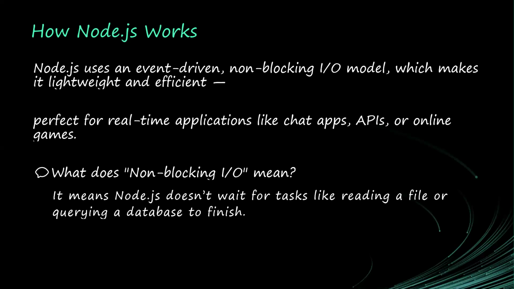You know it's going to take a lot of time. If you're reading from a file or querying a database, it's going to take a lot of time. That means synchronously, we'll be waiting for that code to finish reading from the file. But with Node.js, when we say non-blocking, it means that we can make the reading from the file asynchronous. So that means we don't have to wait for the whole reading to finish before we continue executing.